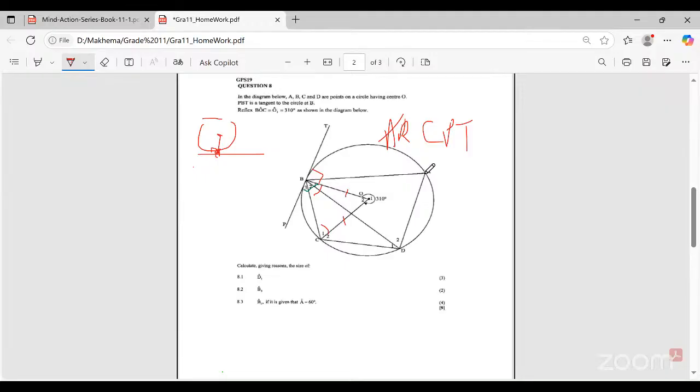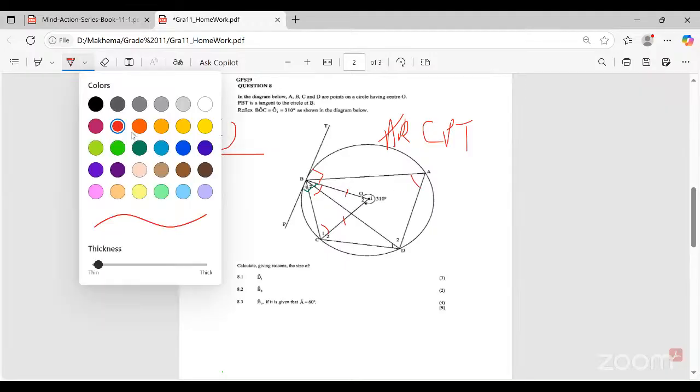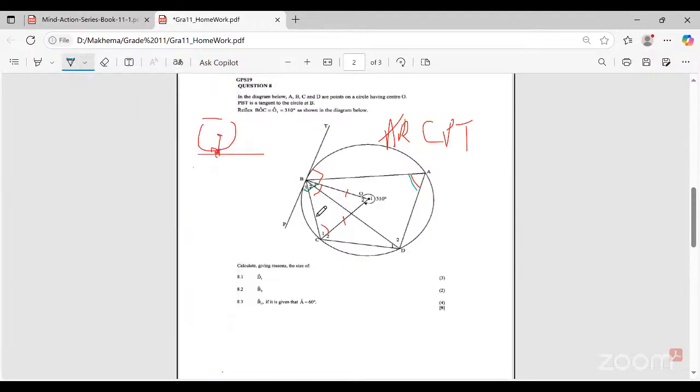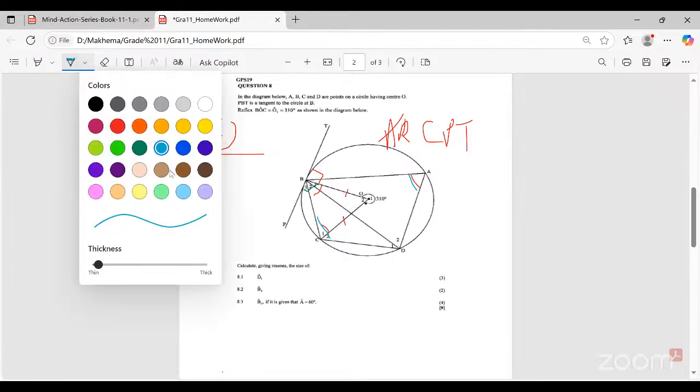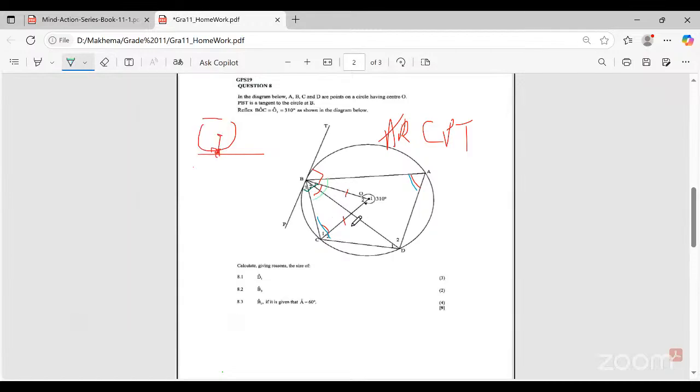And then we know the properties of a cyclic quad, that when you take this angle, or let me just use a different color, when you take this angle plus that angle right there is 180 degrees, as well as when you take this angle plus that angle is equal to 180 degrees. Okay, we are done with the cyclic quad. We are done with the radius. We are done with this.